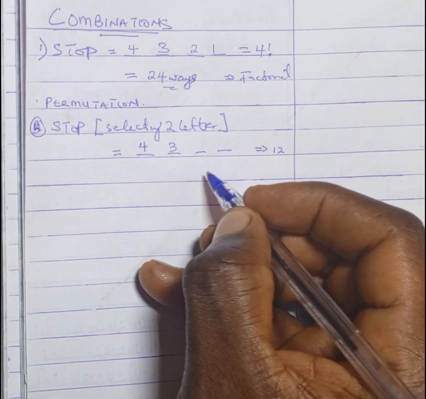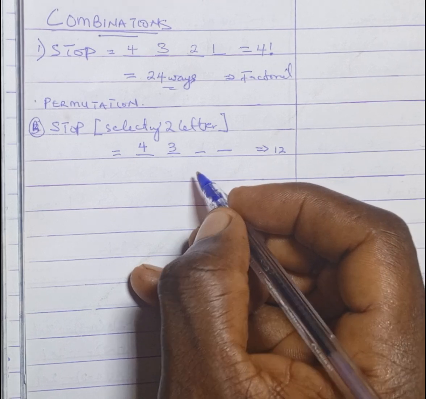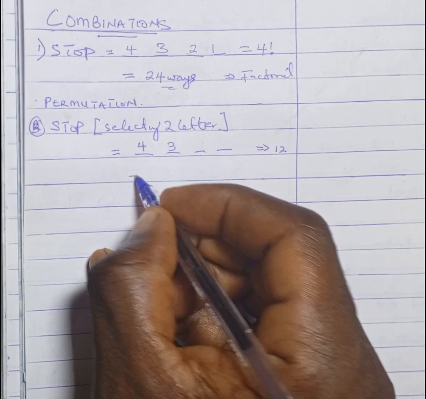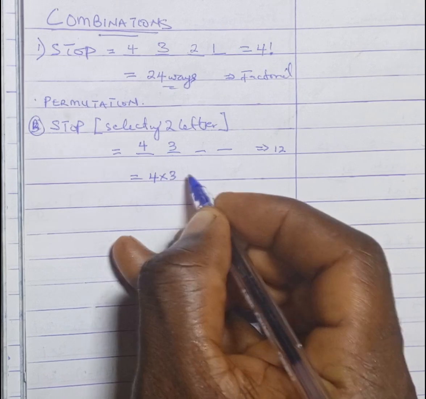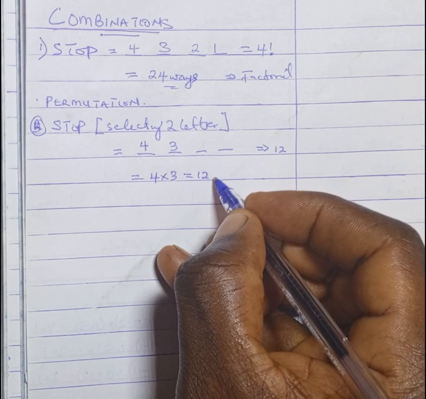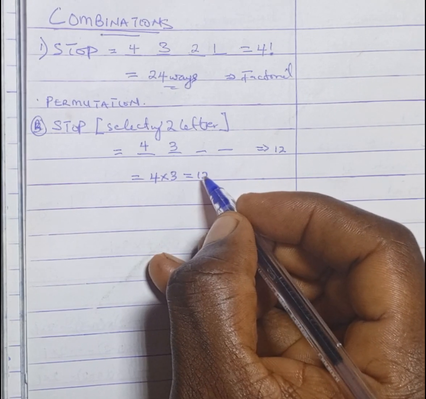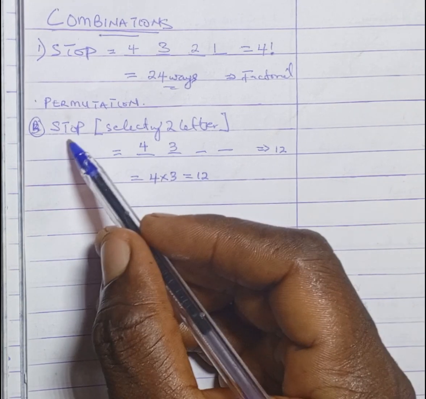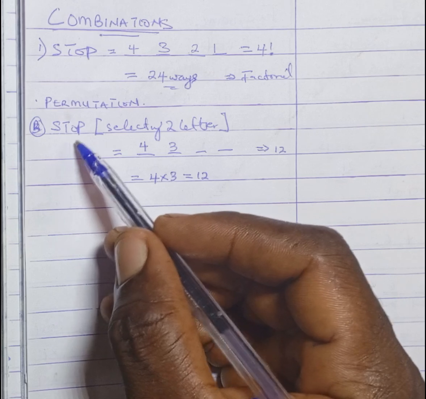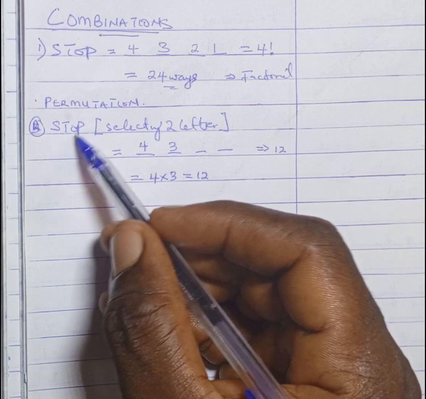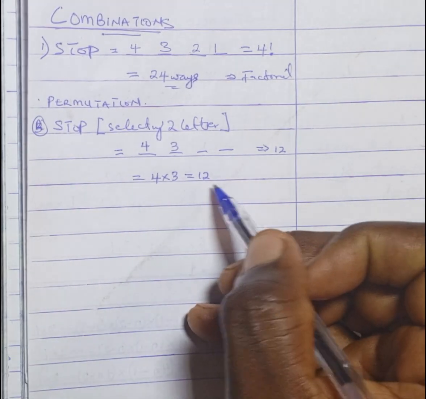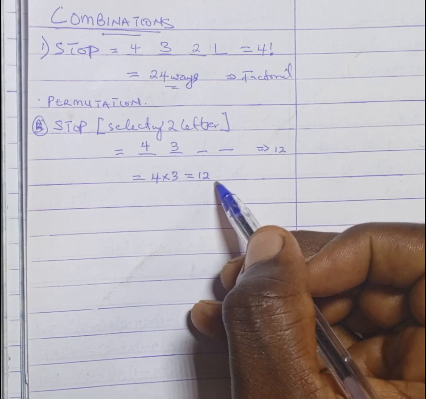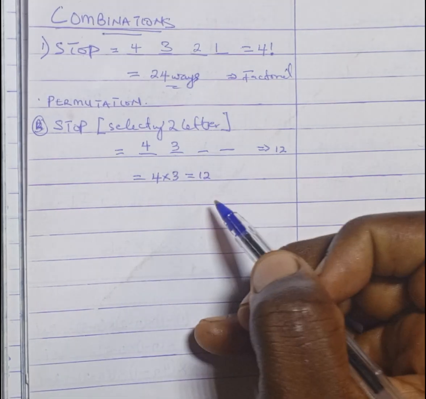So at the end of the day, you're writing 4 times 3 equal to 12. That means the permutation, when we consider permutation, the order here matters. So there are 12 orderings that are possible when we're picking 2.